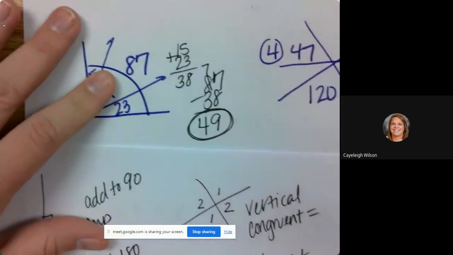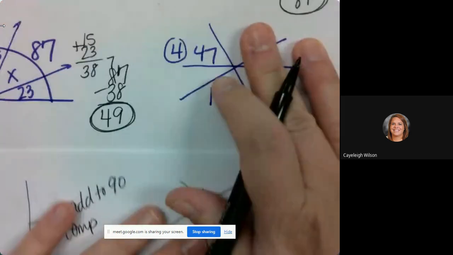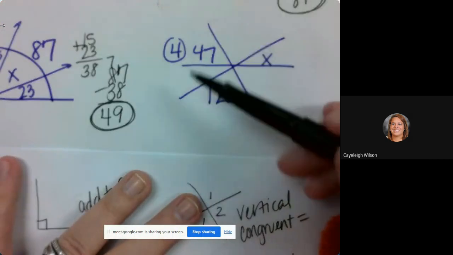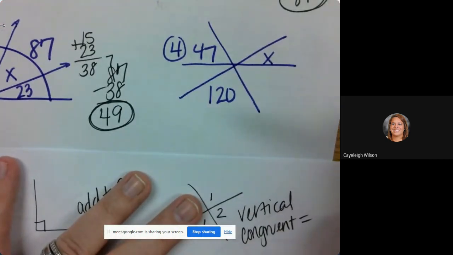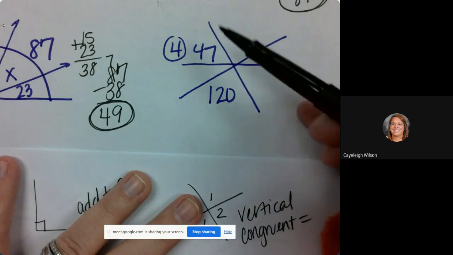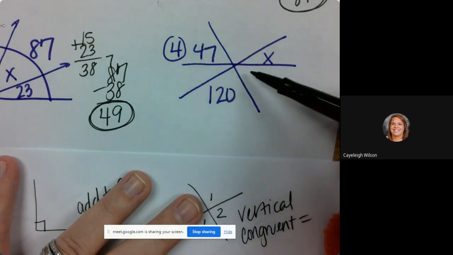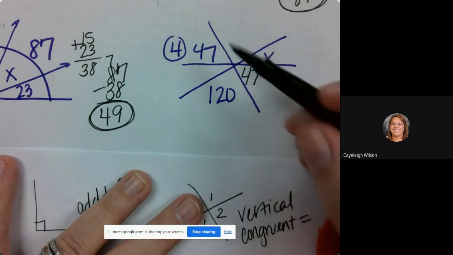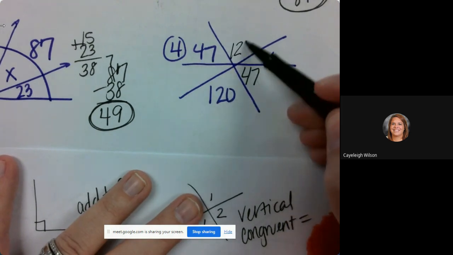All right, let's look at number 4. I don't really know much of anything here, so I'm just going to fill in all the missing stuff that I have, because we can always fill in vertical angles. So 47 is directly across from here, which is 47. 120 is directly across from here, which is 120.